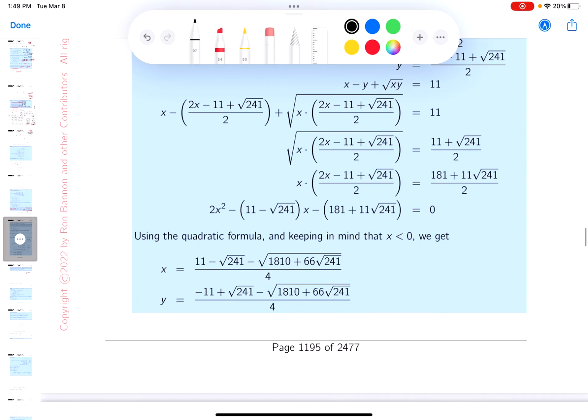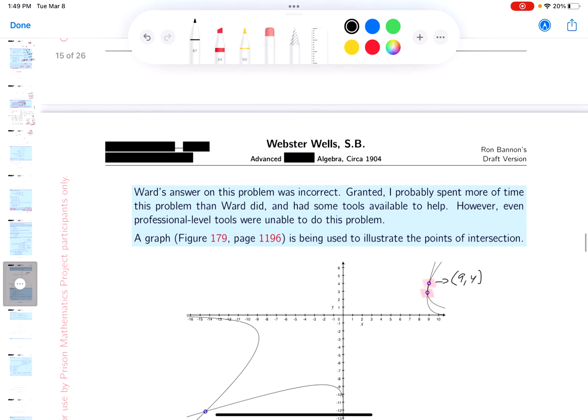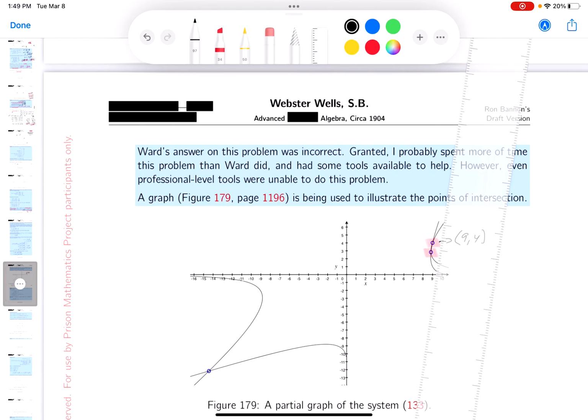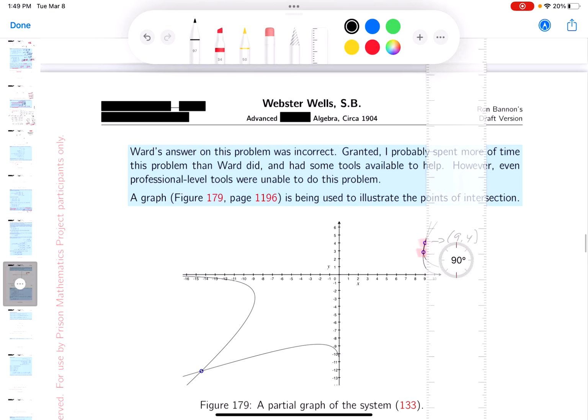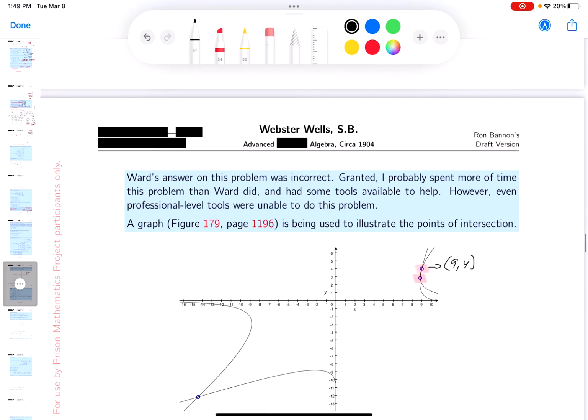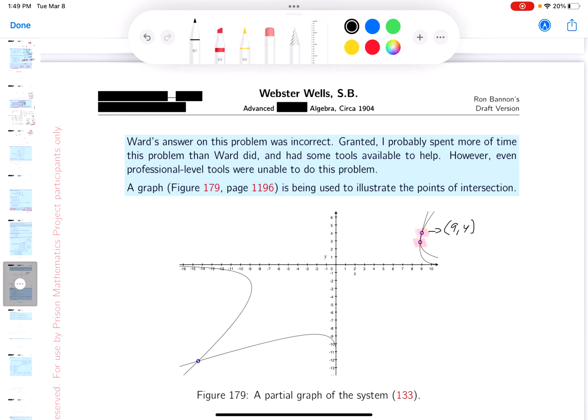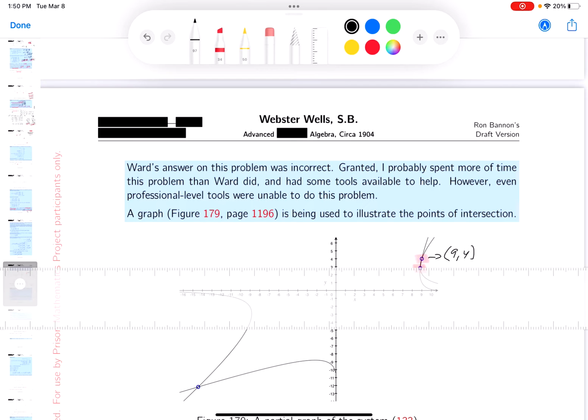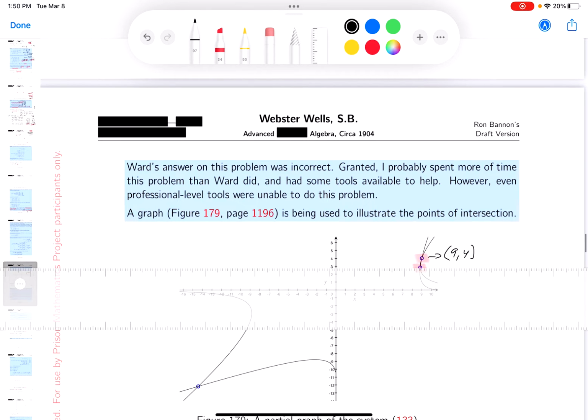So let's take a look. And let me get my ruler out again. I said that this one here, the other one, was a little bit below 9. I do see that. And then I said about 2.8 for the, let me get my ruler back. Yeah, I'm seeing it.